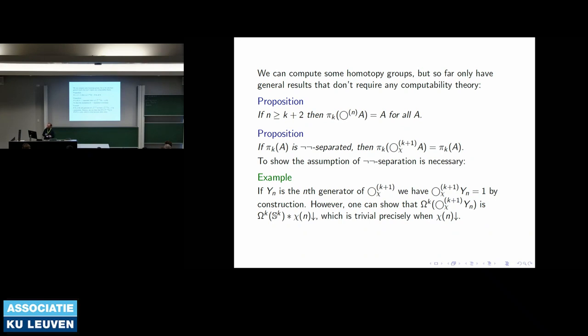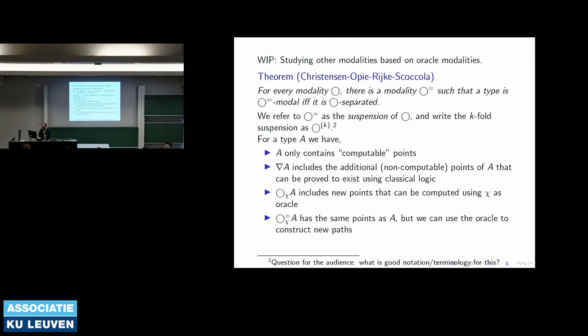So these things I skipped over, they're actually using an idea from HoTT, which I think are called suspension modalities, where you have a modality which is something's modal if and only if it's separated from another modality. The reason I skipped over it is that it's not especially about computability theory. It's a very, very general thing. But I found it quite interesting to think about it in terms of computability theory.